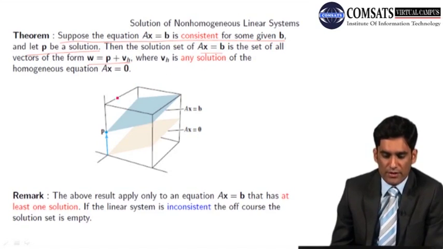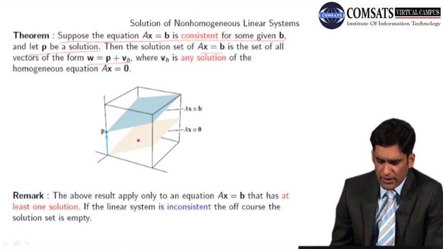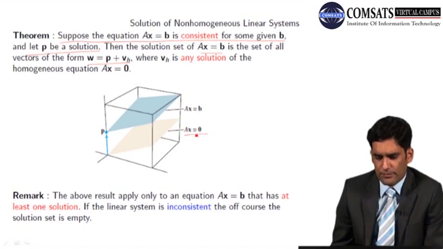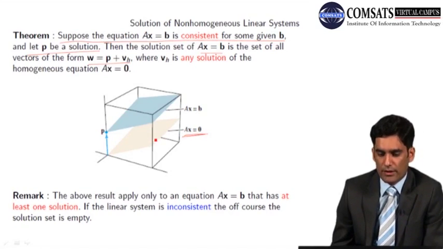And geometrically it is represented like this: we have this plane, the yellow plane, which is the solution of the homogeneous system. If we have a non-trivial solution, then of course we will have infinitely many solutions.